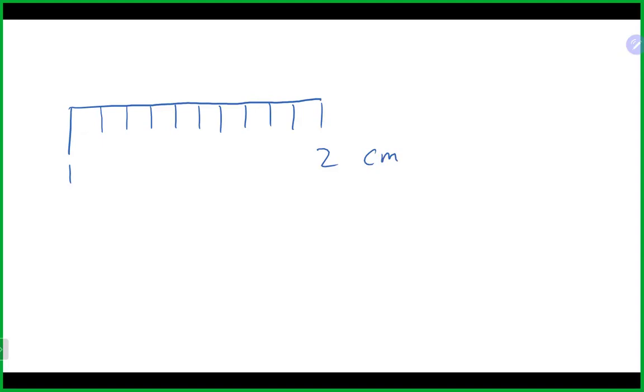So let's just take, for example, if we had a ruler. We'll say this is centimeters, for example. And let's say we wanted to measure an arrow in this case.